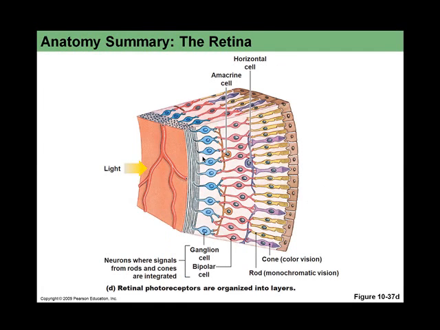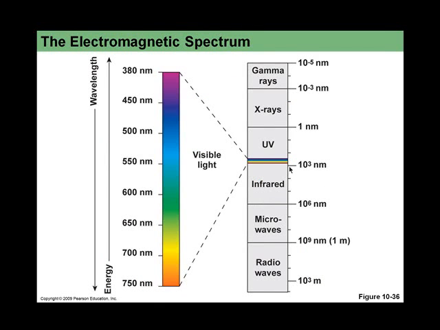If there are devices that can take, for example, the infrared and shift it into the range that our receptor cells are sensitive to, then we can see in the dark, right?